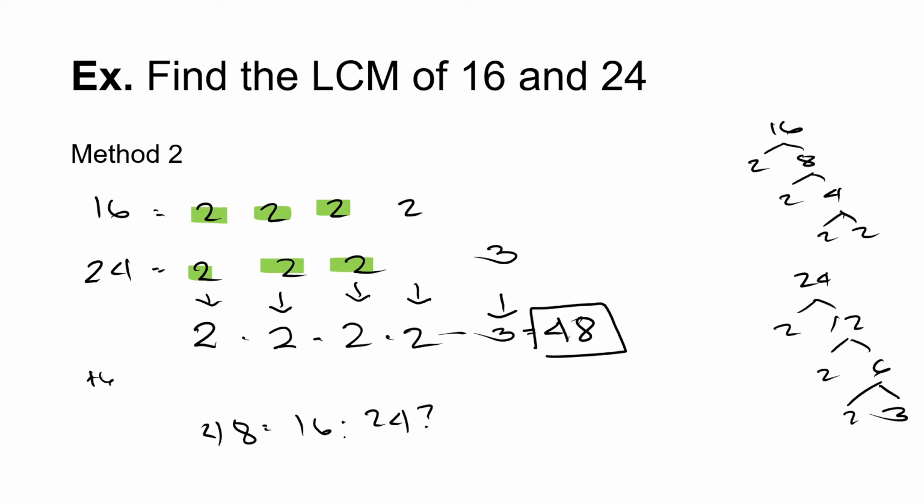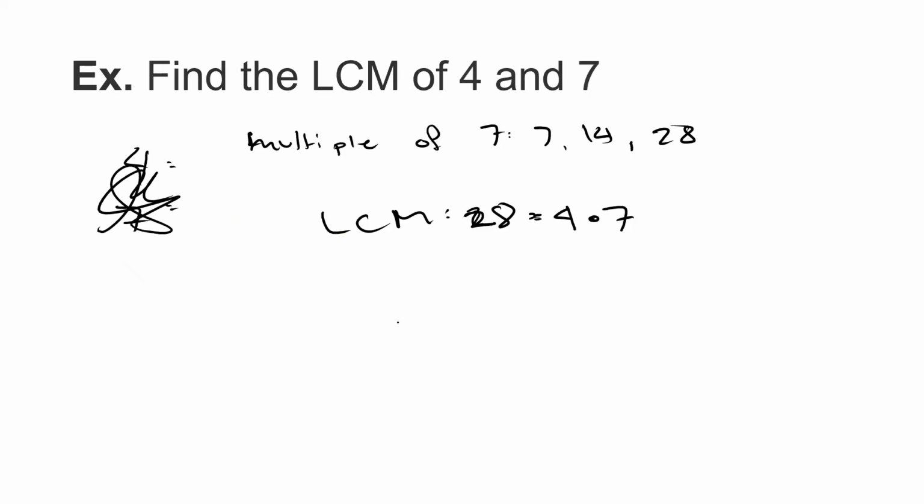No, 16 times 24 is a big number. 16 times 24 should give you 384. Why is this LCM different? Why is the LCM not 16 times 24, but here the LCM 28 is 4 times 7?